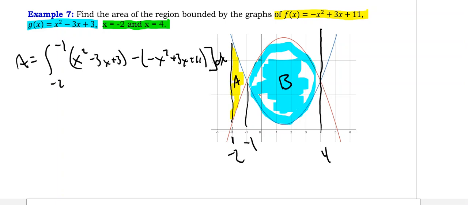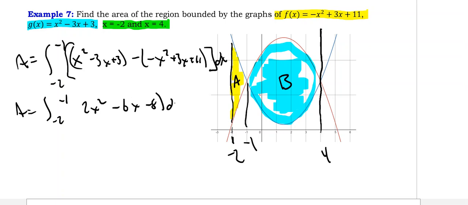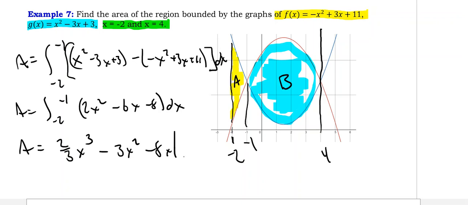And so that kind of simplifies to 2x squared minus 6x minus 8 dx. And so then the antiderivative of that would be 2/3 x cubed minus 6x squared over 2 minus 8x, evaluated from -2 to -1. And that'll end up being 5.67.